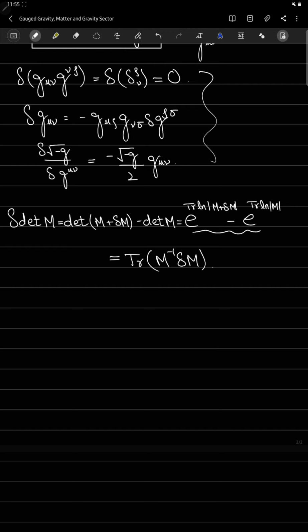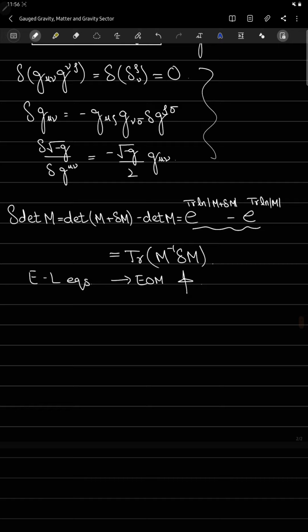Right. Now with all this, you can further use your Euler-Lagrange equations to derive the equation of motion for your field phi, your scalar field phi.